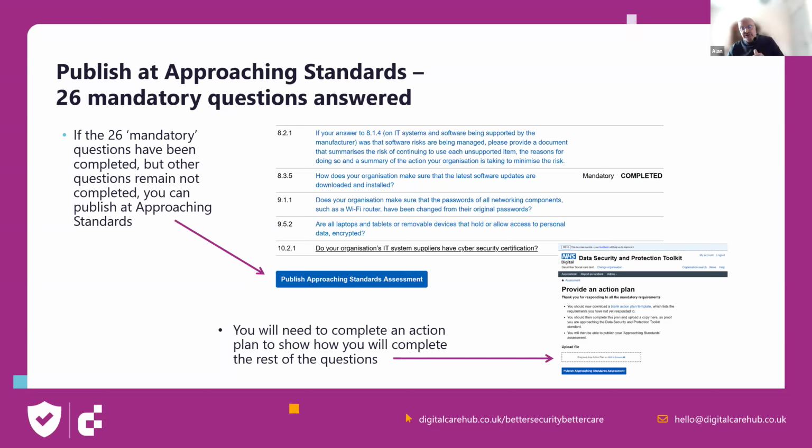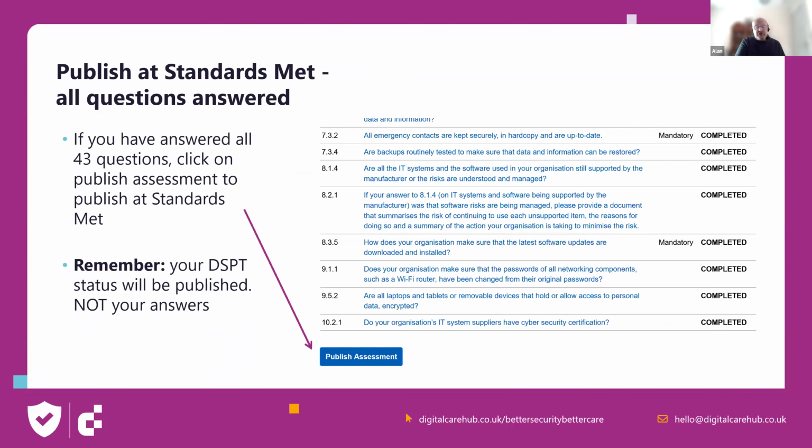That would then ask you to complete an action plan to show how you're going to complete the rest of the questions in the future. So you would download the action plan, complete it and upload it to the system. The system would then indicate that you have published at approaching standards and the date that you published. If you've completed all 43 questions, then the blue Publish button will just say Publish Assessment.